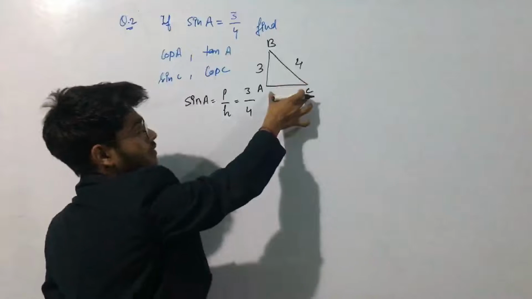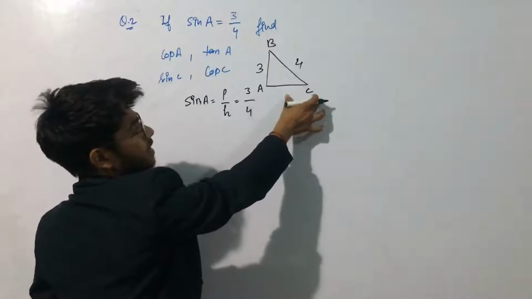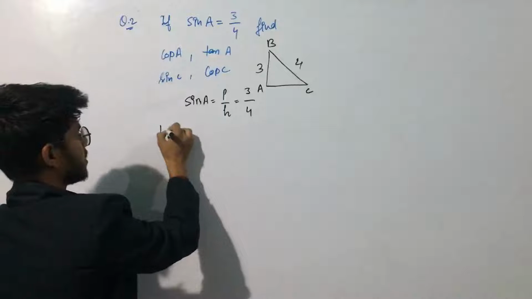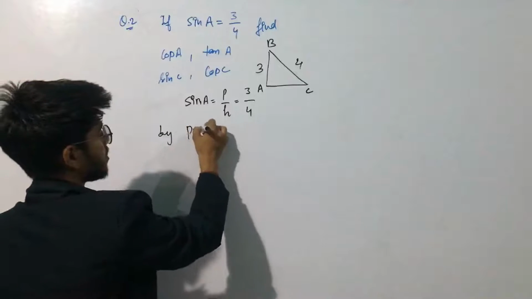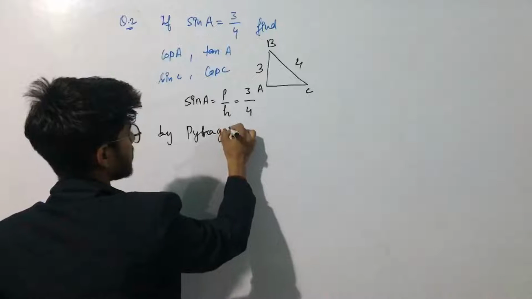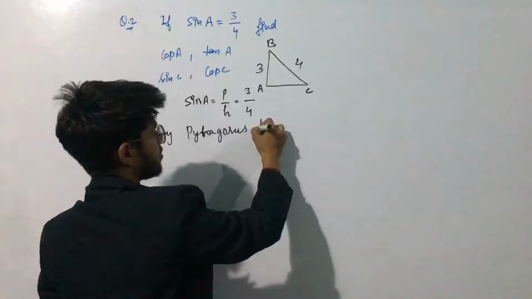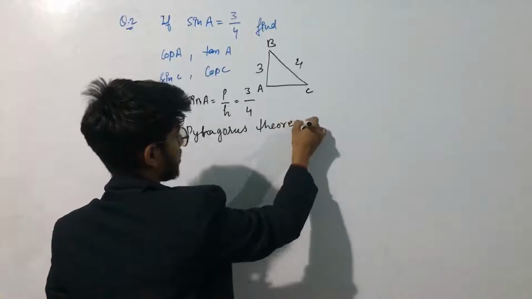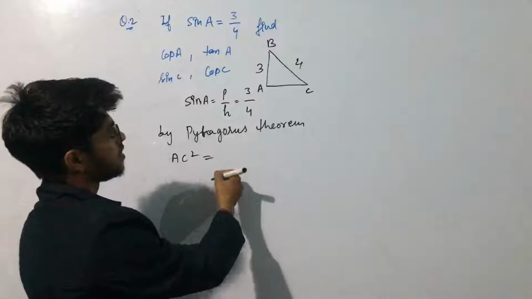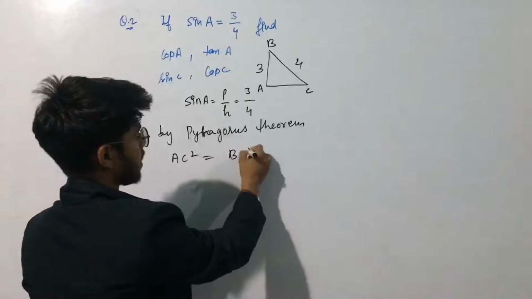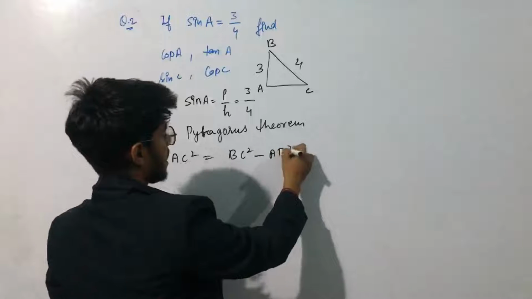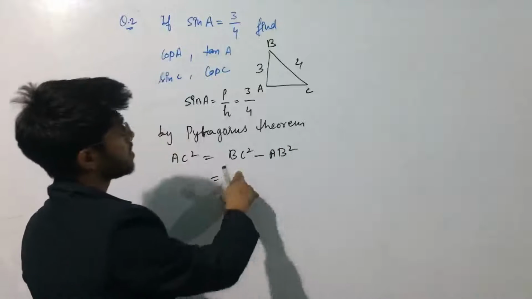So first we will find AC. AC is the base, by Pythagoras theorem. AC square is equal to BC square minus AB square.